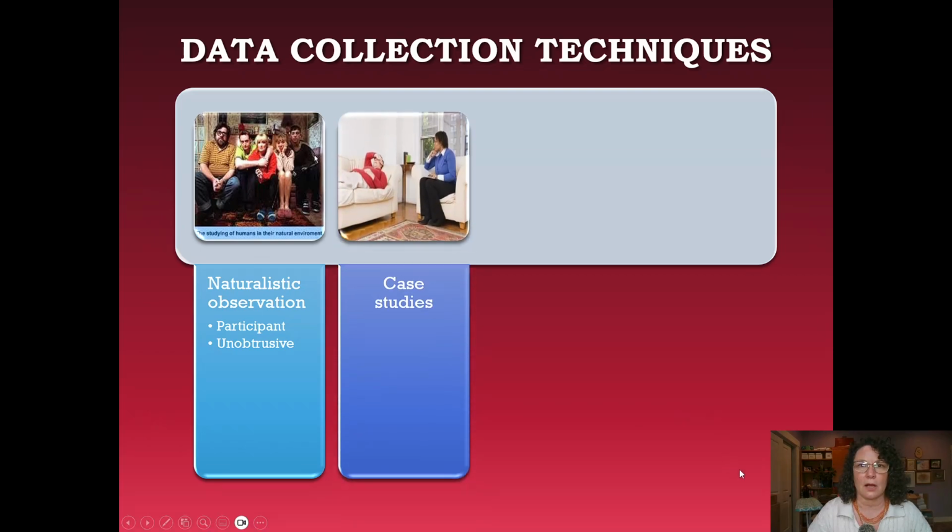Case studies are when you work with one or maybe just a few people who belong to a special population. So in IO psychology, maybe we're going to be studying CEOs. There aren't that many CEOs in the world, and even fewer who are willing to talk to a researcher. And so you might do a really in-depth case study on the few that you can get to agree to do it.